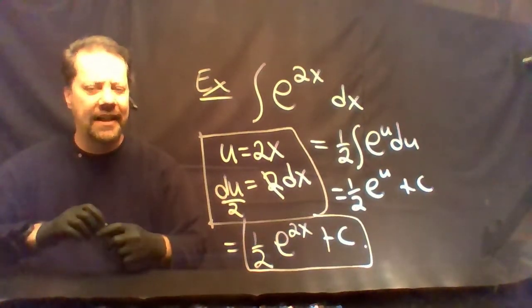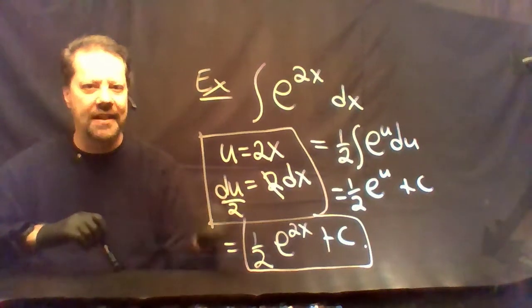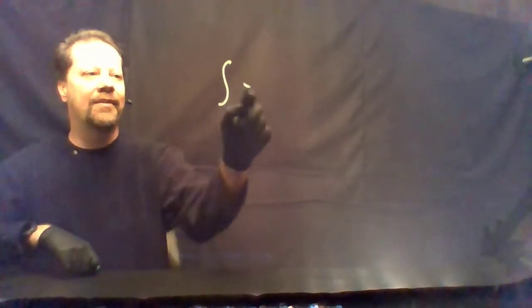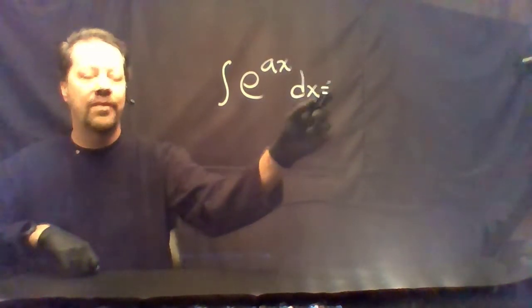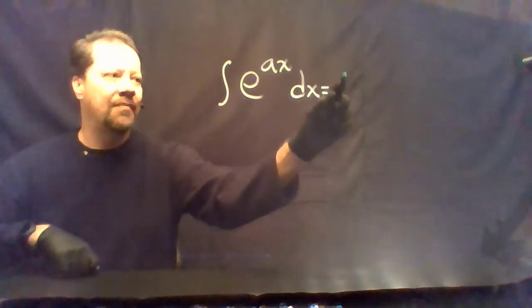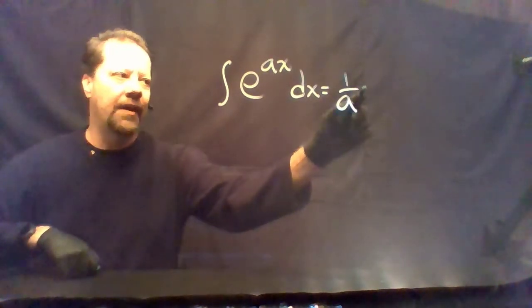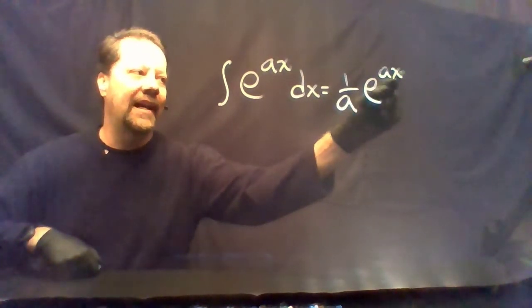I want you to carefully consider this particular example. More generally, if I'm integrating e to the ax, you should be able to pretty easily see that I'll have 1 over a e to the ax plus c.